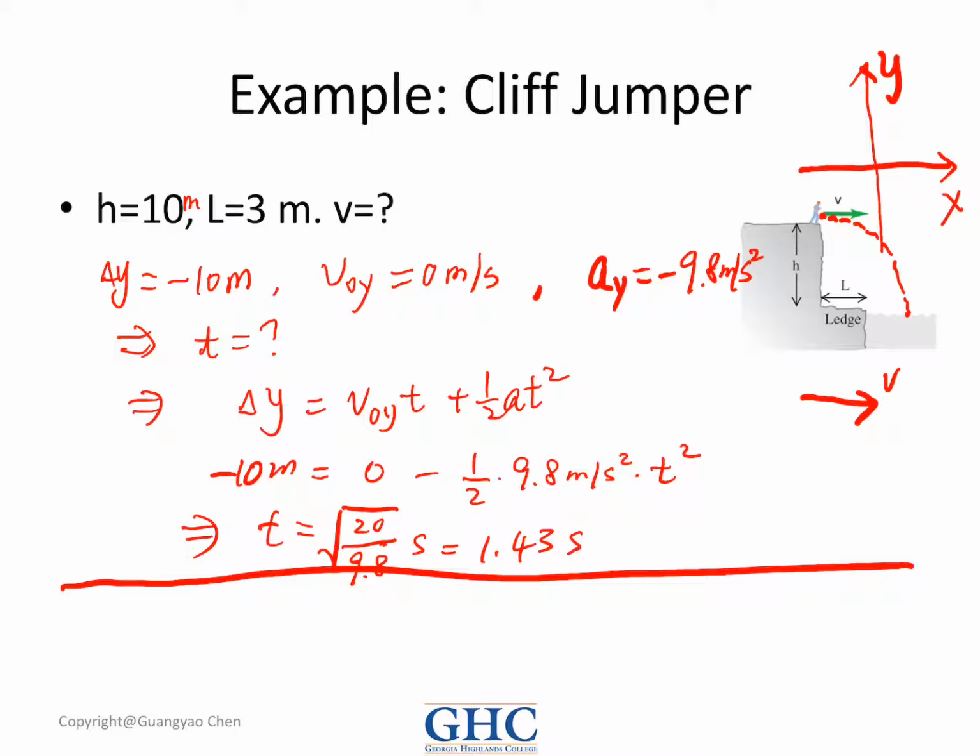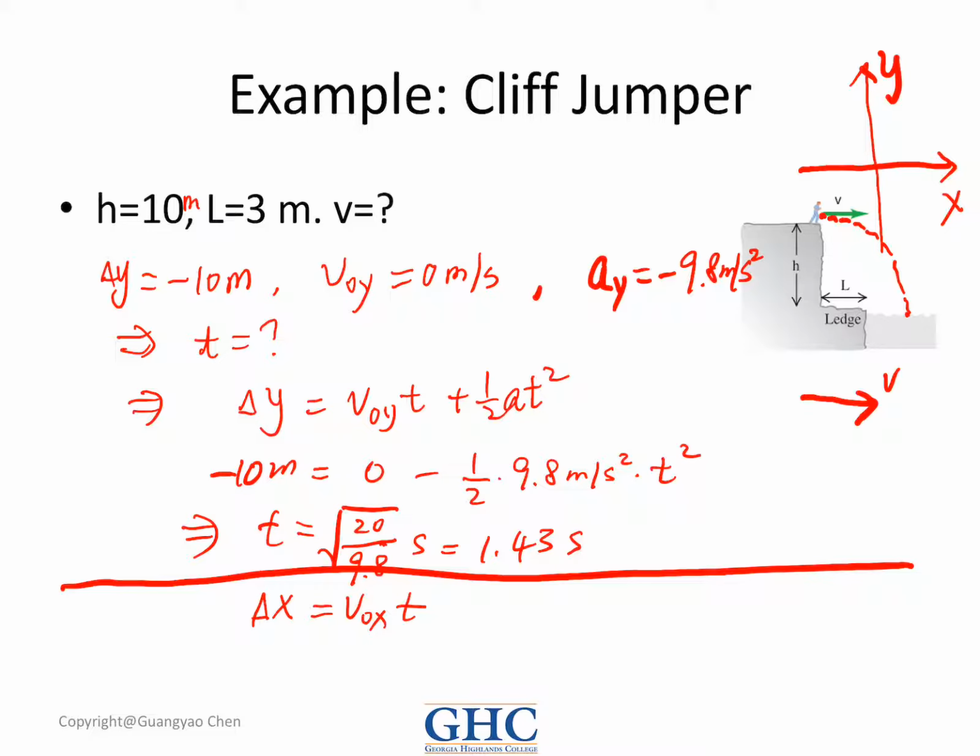So you want his velocity to be big enough such that in this 1.43 seconds, he has already moved 3 meters in the x direction. So x equals initial velocity in the x direction times t.